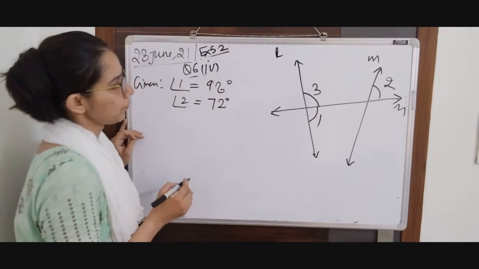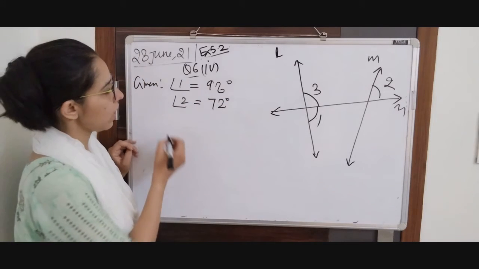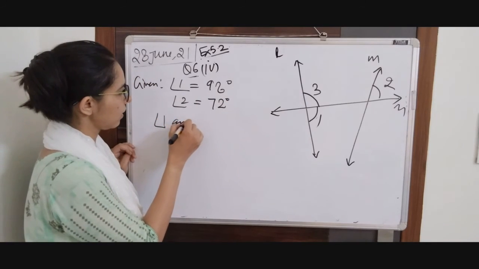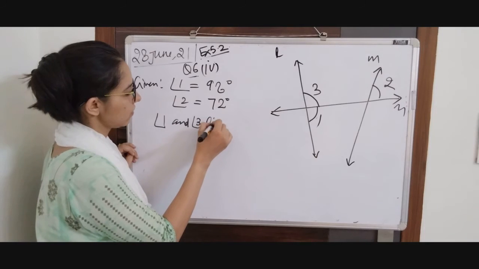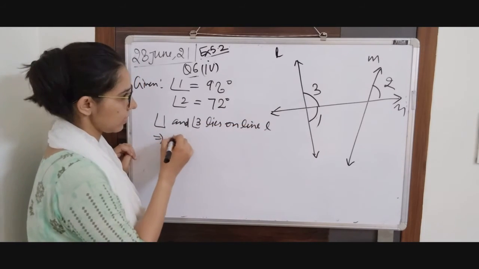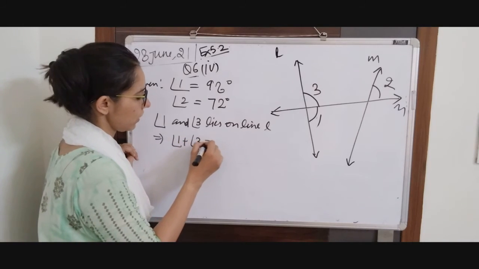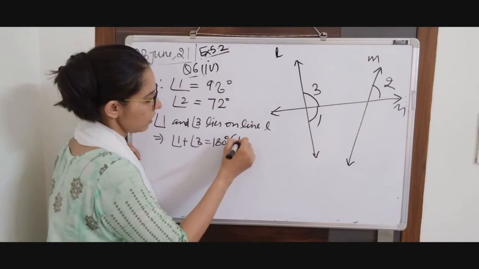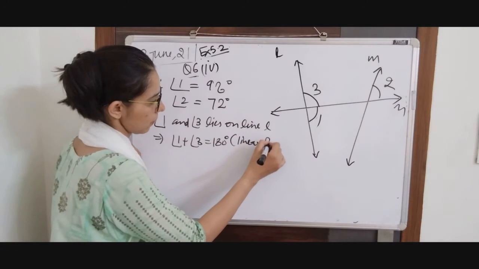Okay. Now angle 1 and angle 3 lie on line L, implies their sum has to be 180 because they form a linear pair.